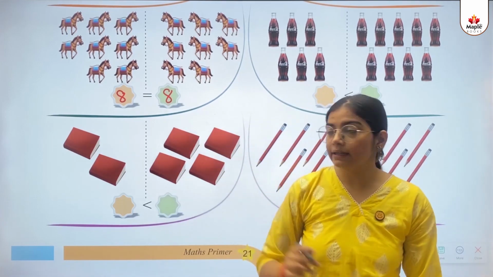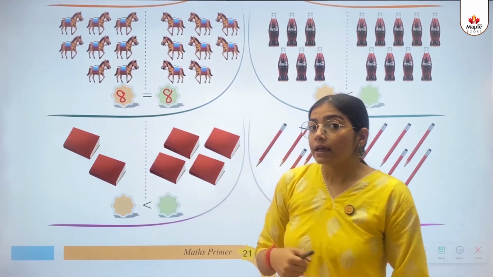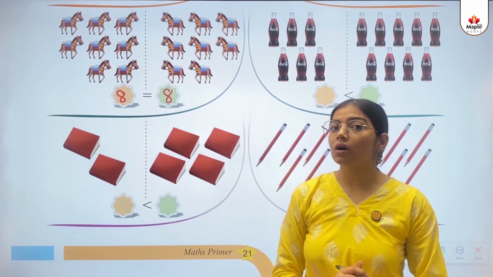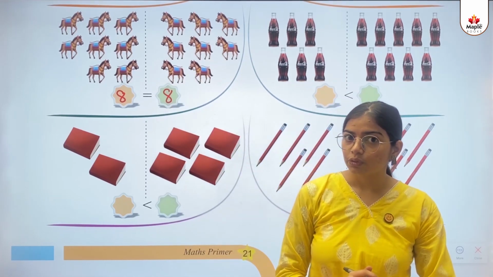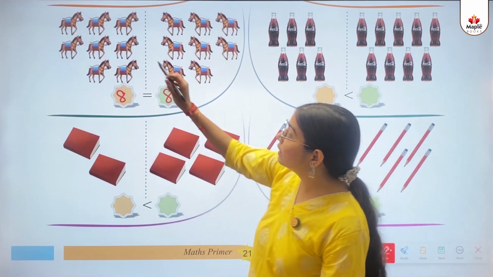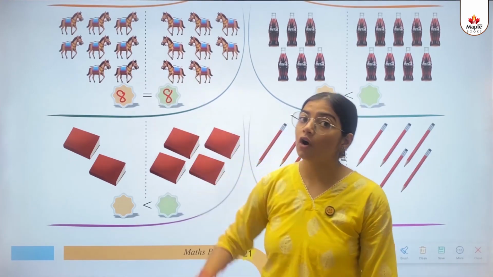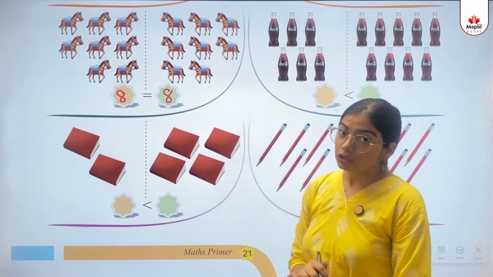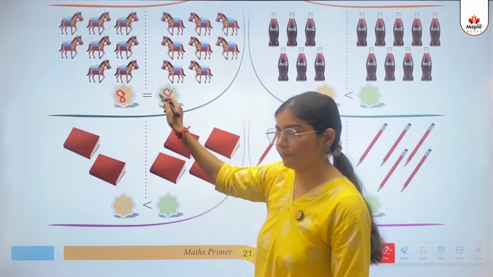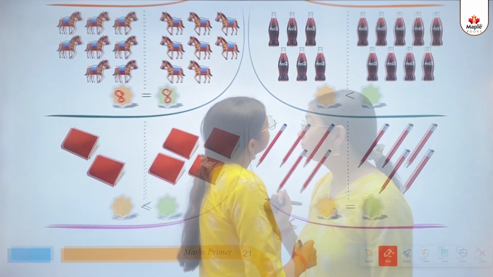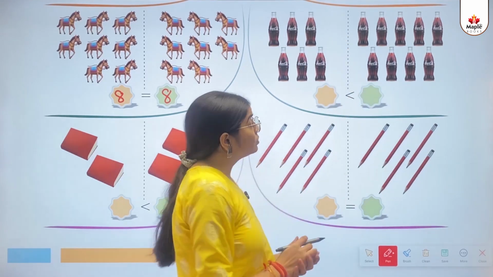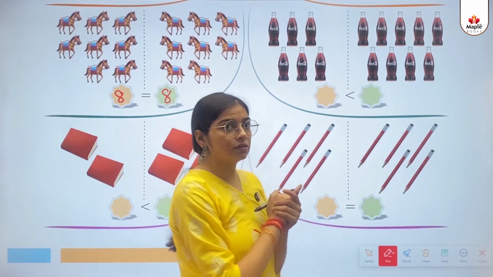So, we can write 8 and 8. Kids, can you see the symbol? This symbol is called equal to. Why? Because there are an equal number of horses here, or equal number of things are here. So, we will use this symbol. Got it?